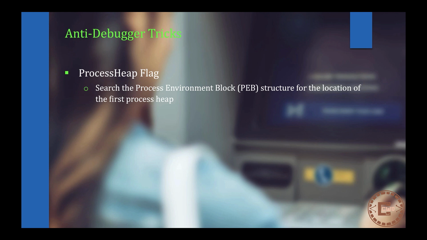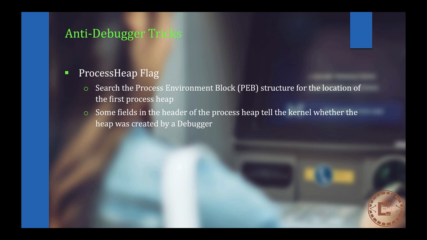When a process runs, it has multiple heaps in memory; it gets the first one, the default one, and some fields in the header of the process heap tell the kernel whether the heap was created by a debugger or not. See that, guys? It's amazing, right? Then if they get that content, it tells them if there is a debugger inside. Pretty clever.